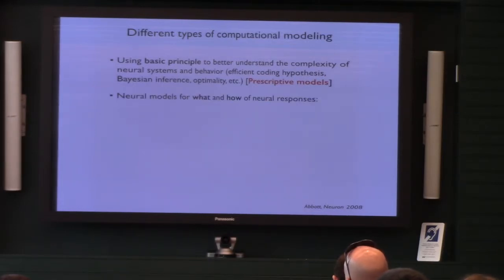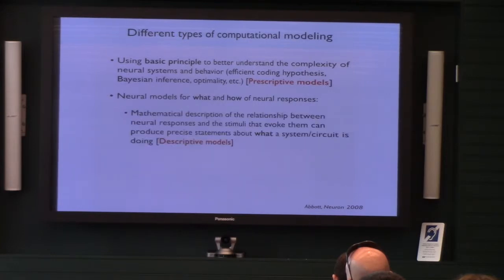But then there are different types of models. They have different uses, and they're all important for understanding how the brain works. These are the neural models that people built at different levels, and I'll show you some examples about what and how of neural responses. You can have a model that describes the relationship between the neural response and the stimuli that evoke them, and basically tells you what a system is doing.